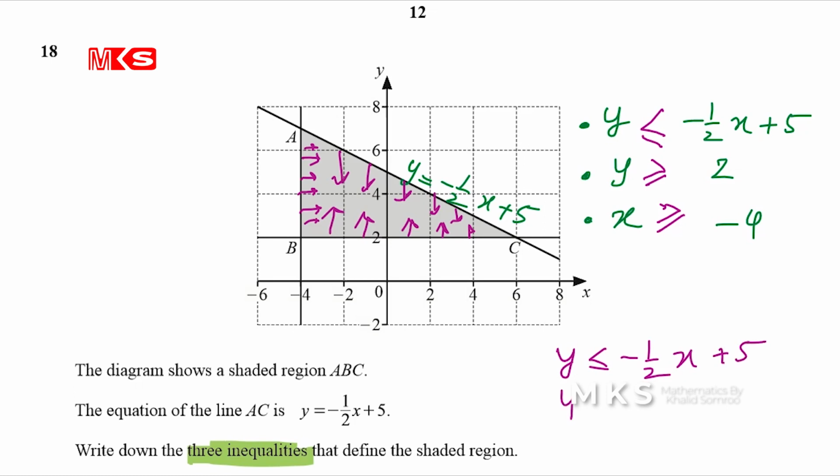The second is y is greater than or equal to 2. And the third is x is greater than or equal to -4. So to define a shaded region, we need the equations of its boundaries, and then we replace the sign of equality by using the appropriate inequality.